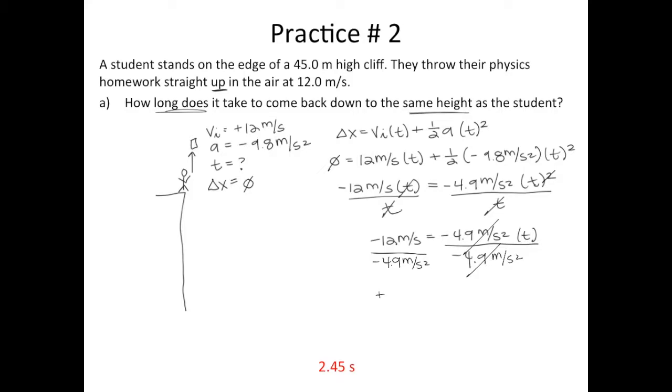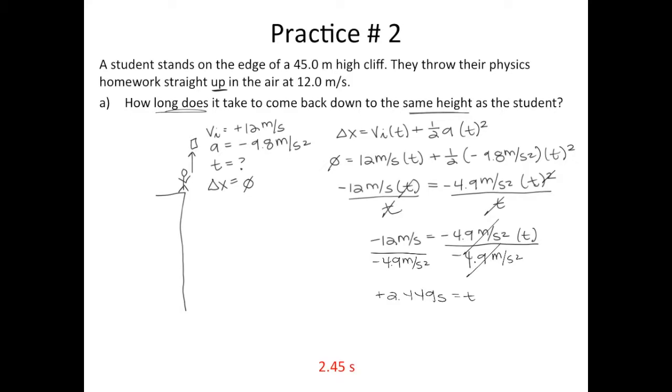If I put this in my calculator, 12 divided by 4.9, I get positive 2.449 seconds equals t. Now, remember we talked about this time has to be positive.